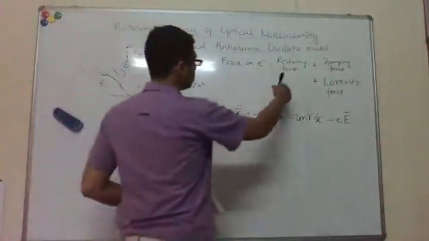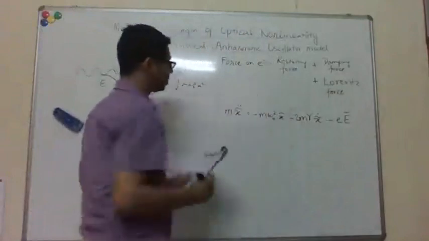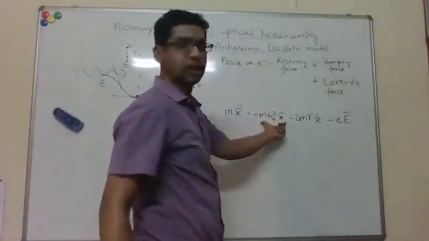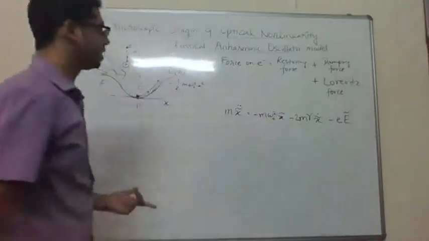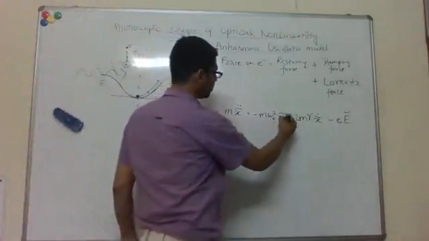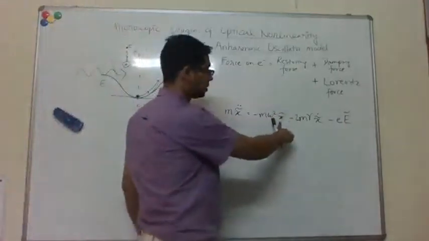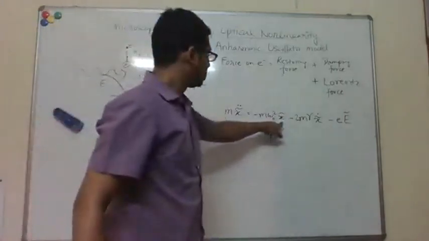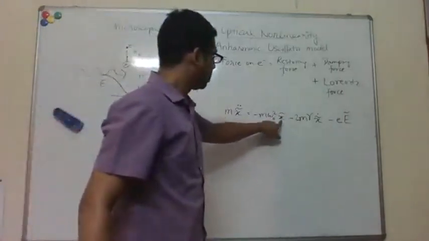In order to get a nonlinear response, we say that the restoring force is no longer harmonic, or linear, but you could have additional terms, right? The first additional term I could write would be something proportional to x squared, right?